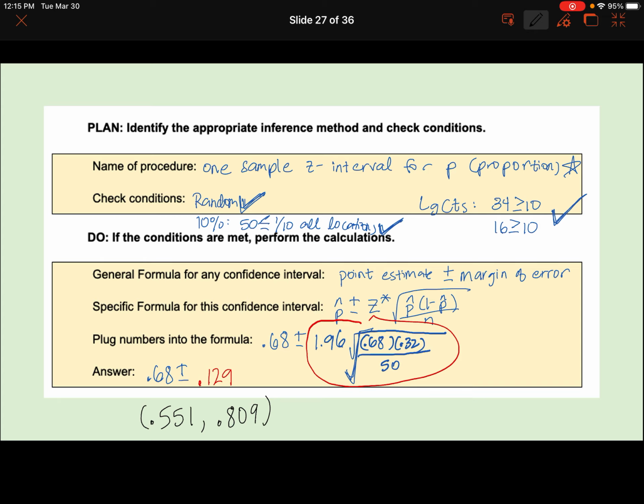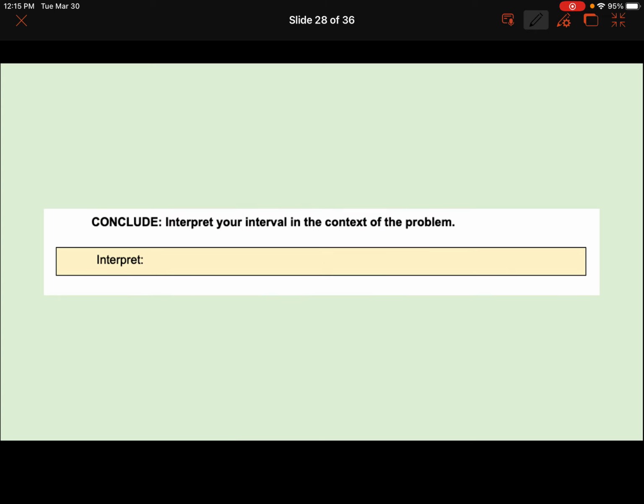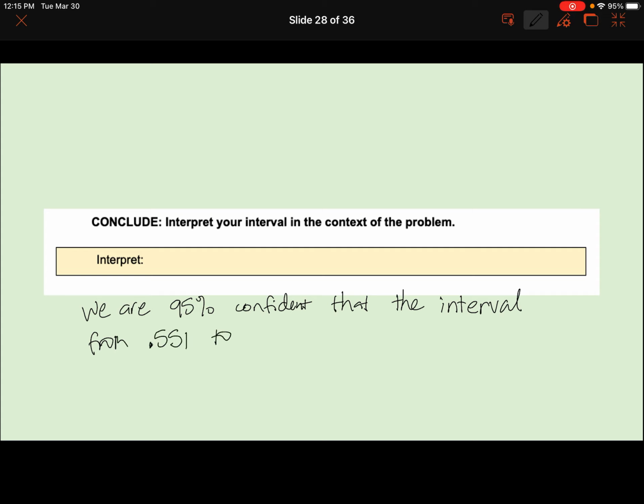So the last step here is to interpret it, to conclude. So what I can say is we are 95% confident that the interval from, and just like a lot of the interpretation questions, once you've seen it a few times, it just becomes like a fill in the blank, 0.551 to 0.809 captures the true proportion of earth covered by water.